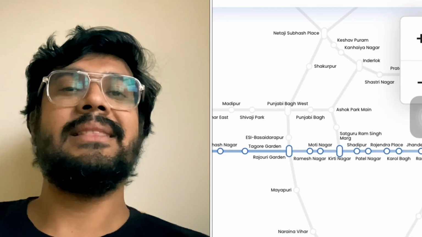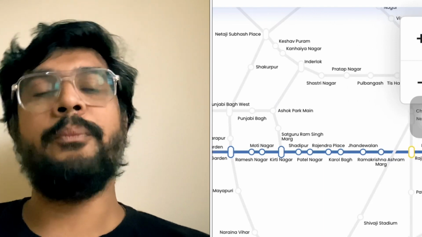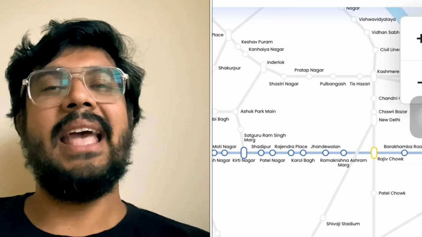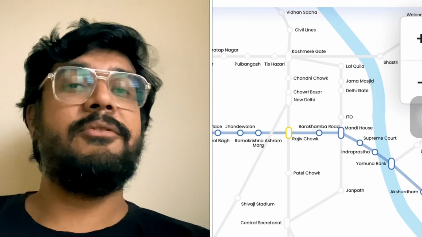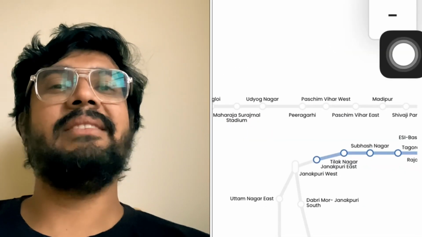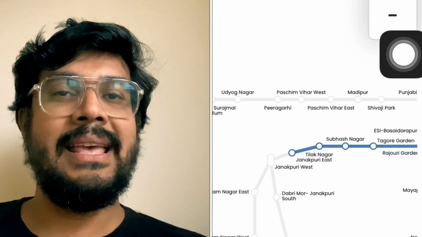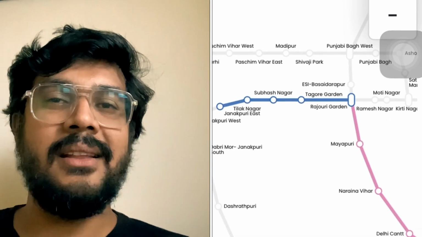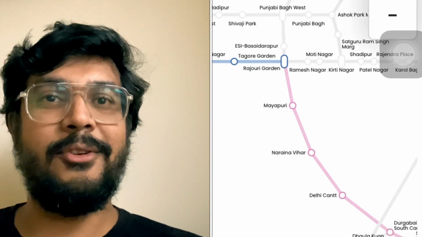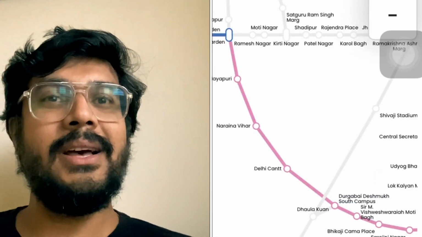This is how the stations come and then they go. So it's like a straight line, and then you go to Akshardham. But for us, it's like we start from Janakpuri and then we are slowly moving ahead. From Rajouri Garden, we take a right, and then from the blue line, we go to the pink line.